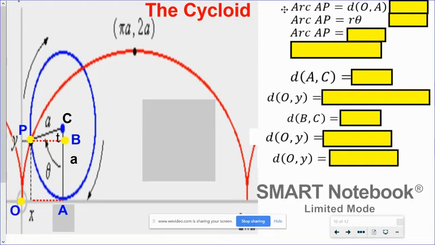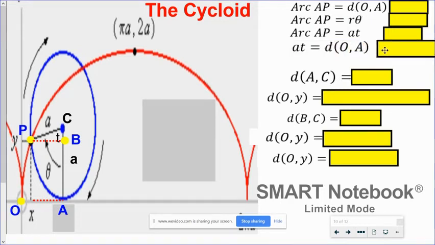I am just redoing what we did in the previous slide to make sure you understand it. Therefore, the radius of this circle is A. Notice that's the radius and that's the radius. There, substitute A in for R and T in for theta, and I get A times T. So I now know that the distance from O to A is just going to be A times T.